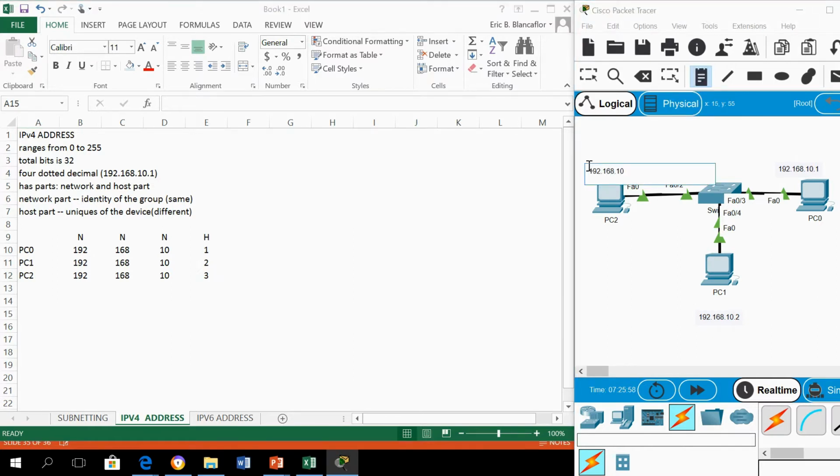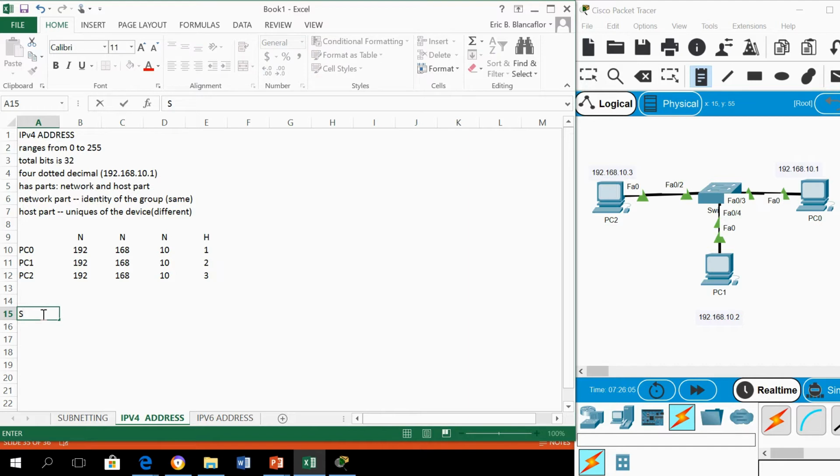Next, an IP address usually has a pair that we call a subnet mask. The subnet mask, by definition, is the one that identifies which part of the IP address is the network part and which is the host part.